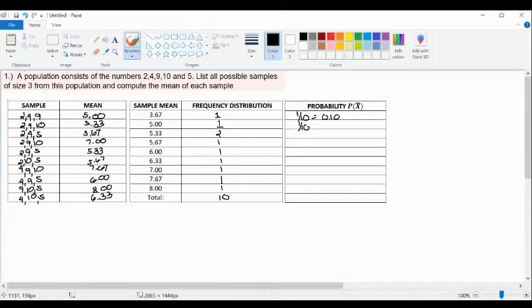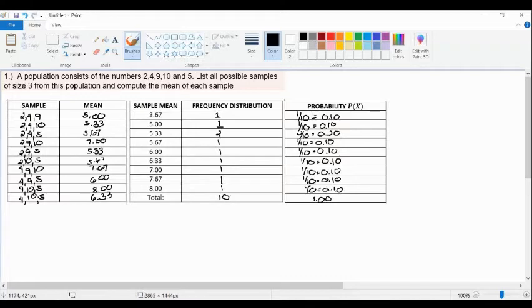For this one, 2 over 10, that is 0.20. The same for the others, 1 over 10, 1 over 10, 0.10, and for the rest. So it will give us a total of 1.00.